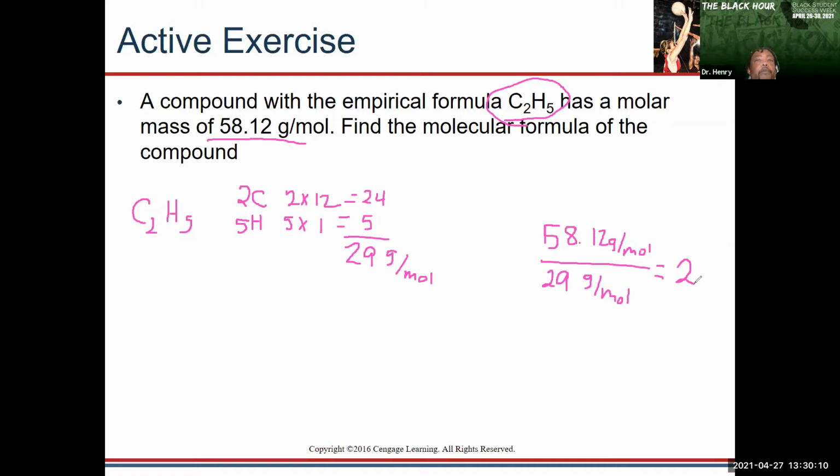So the factor that we multiply by is going to be 2. Again, this has to be a whole integer number. So in this case, the molecular formula would be C4H10.